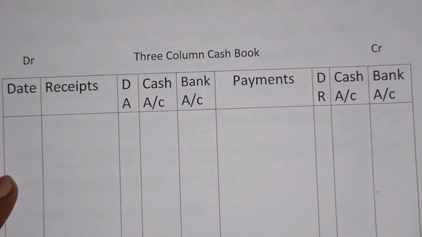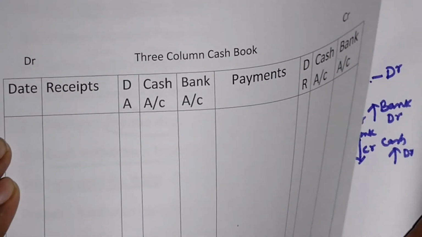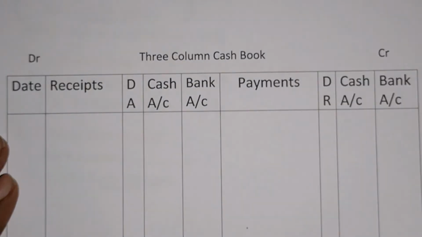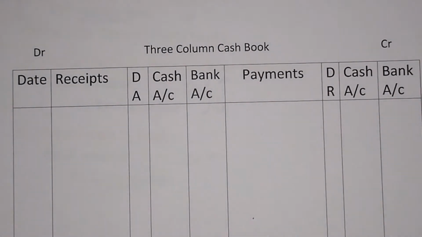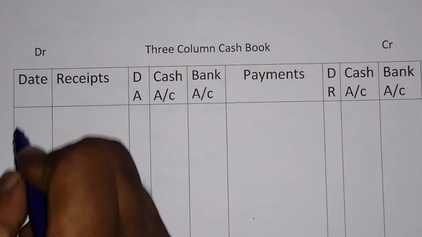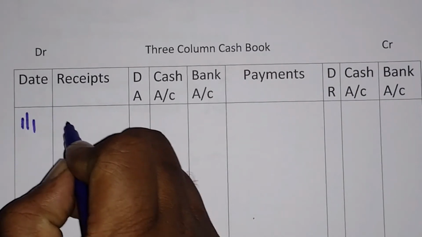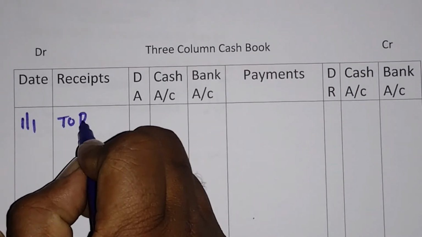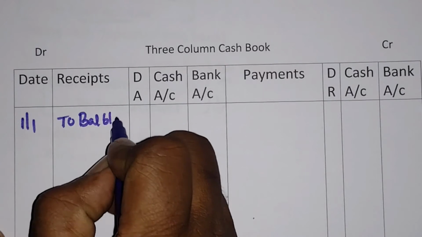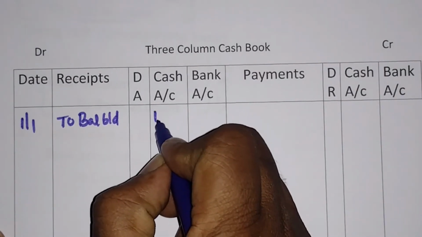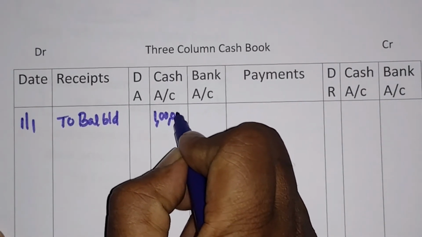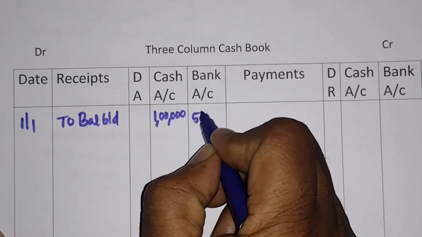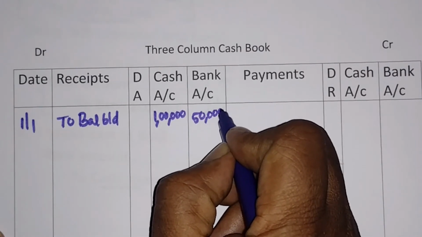Yes, the cash which I already have in my hand is called the balance brought down. On 1st January I should write balance brought down. In office I have 1 lakh rupees. In bank I have 50,000 rupees.